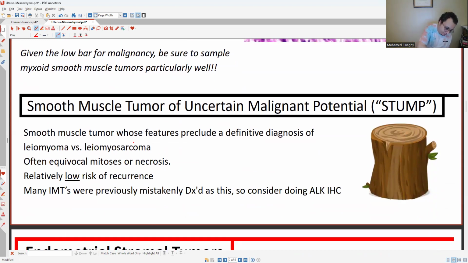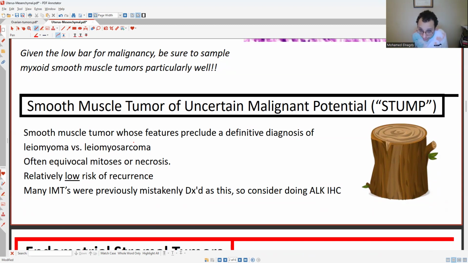A question. If you have a uterus with a solitary large tumor in the wall and another uterus with multiple tumors here and there in the wall, which one would be most likely to be leiomyoma? The single or the multiple one? Multiple.